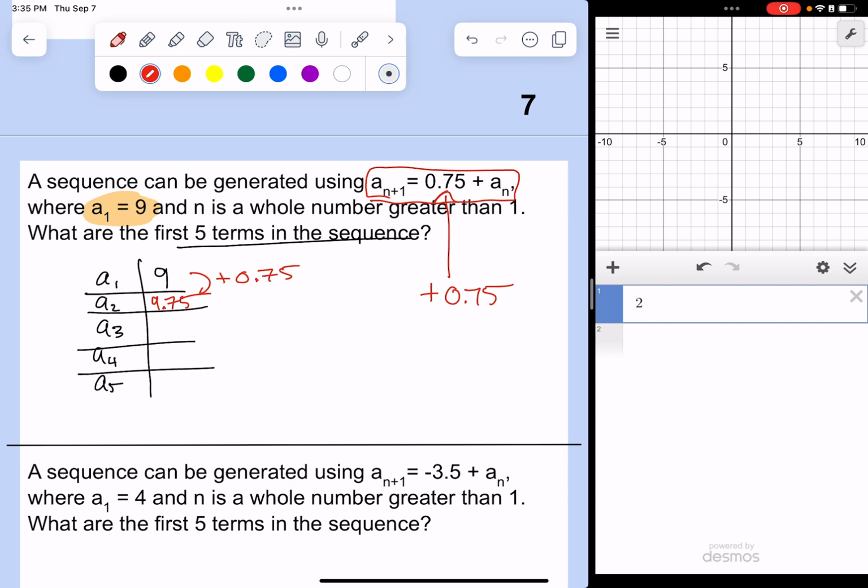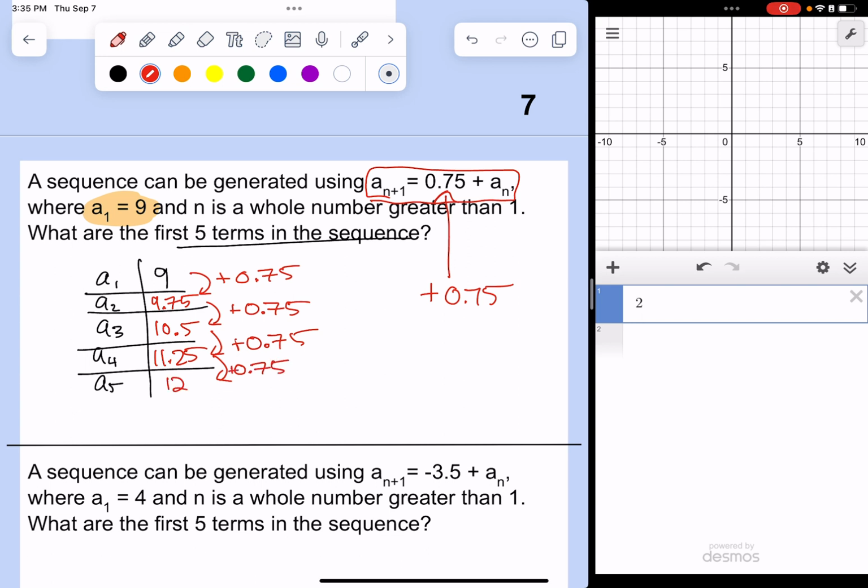Then 9.75 plus 0.75 would be 10.5, because we're just adding 0.75. Then 10.5 plus 0.75 is 11.25. Then if you add 0.75 again, you get 12.